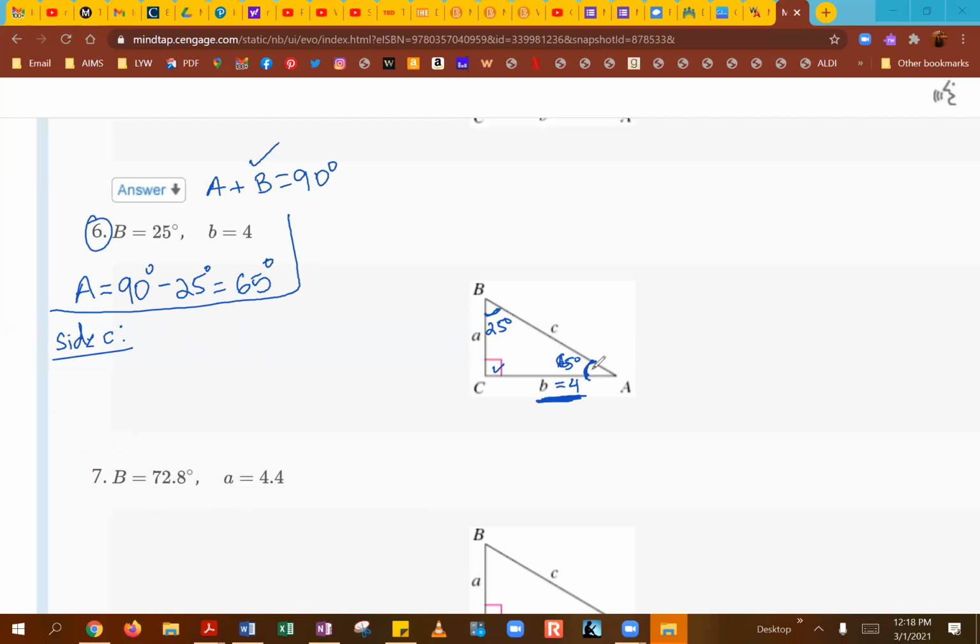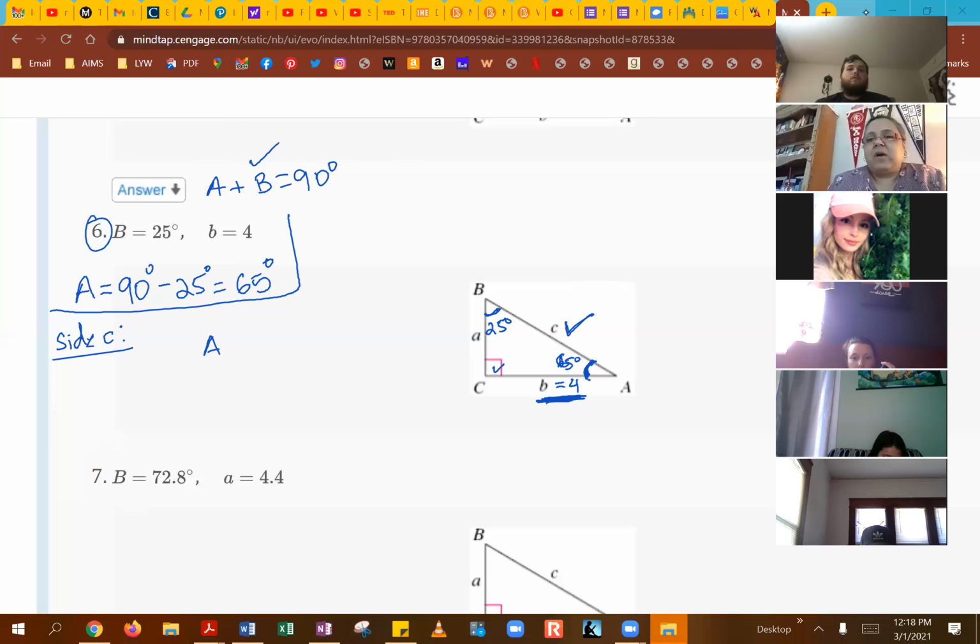And so which function would you use if this angle A is the angle you are using? We have side B and we are trying to find side C out of basically our 3 main functions, sine, cosine, and tangent. Which function would you go with?